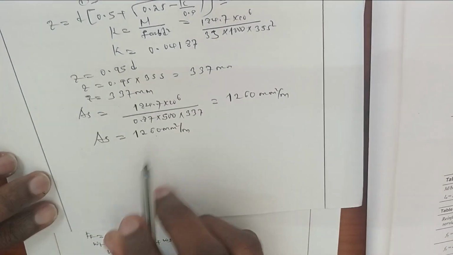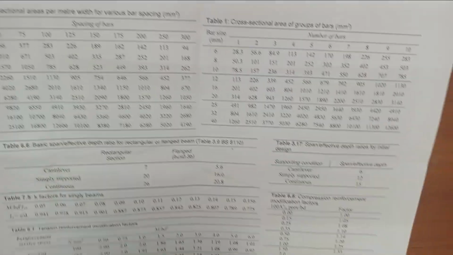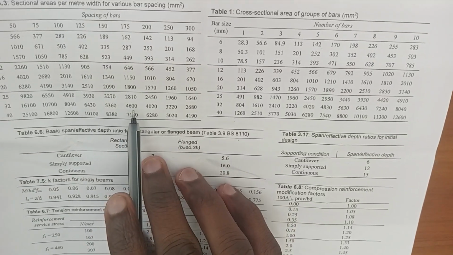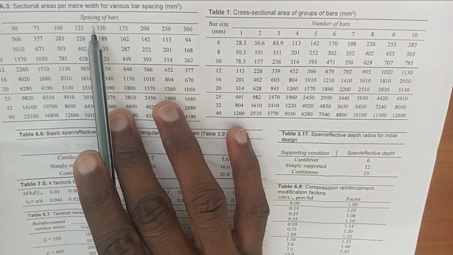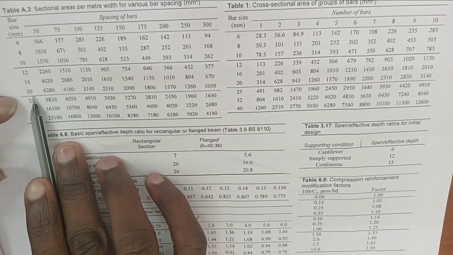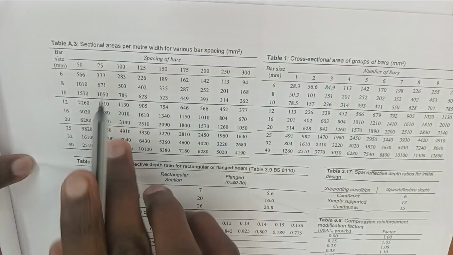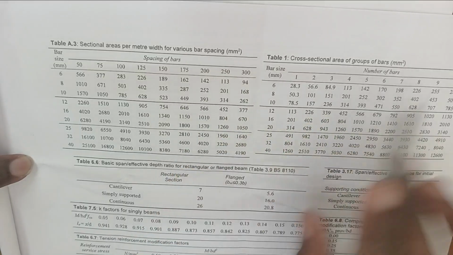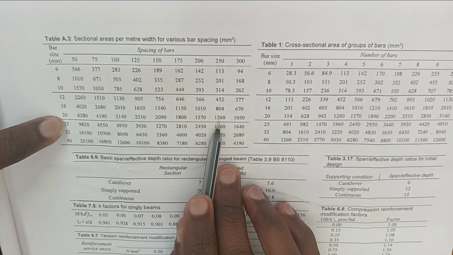Because we have obtained this value, let's determine from this table the area required, because our area is per meter and this is for the bed. So this is a diameter of 20, this is the cross-section area, and this is the spacing required for that area. Let's determine our area, it was this one.